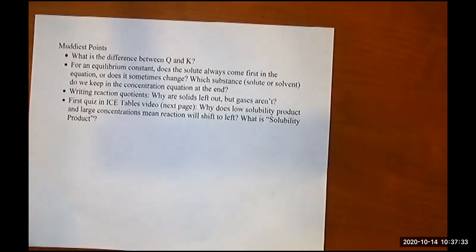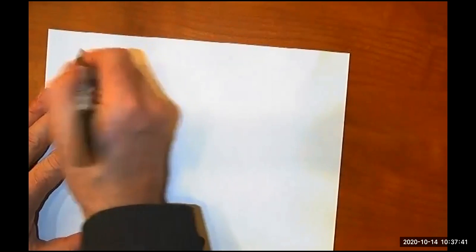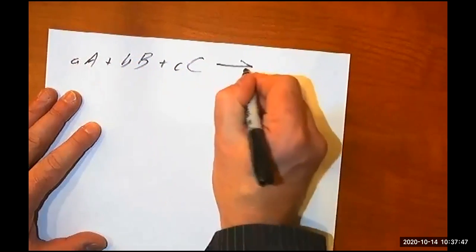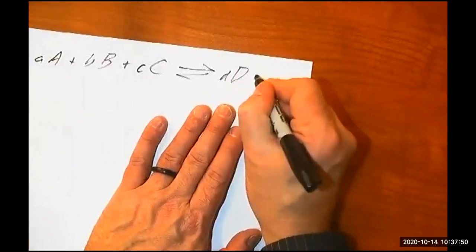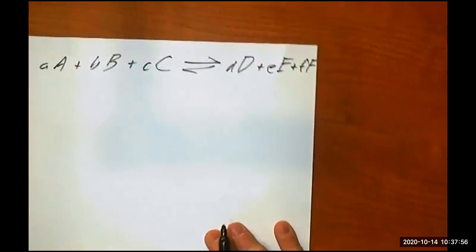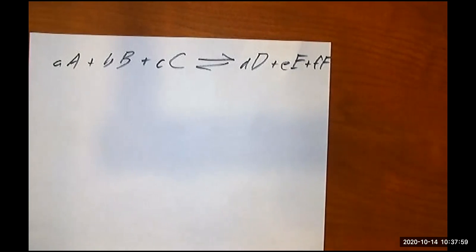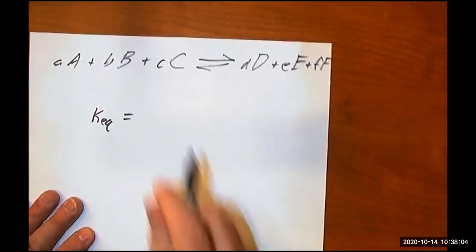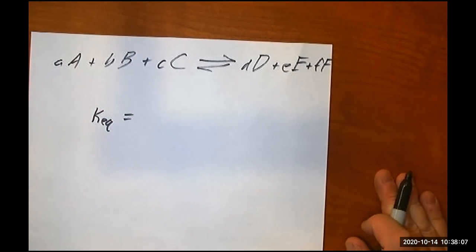So the basic idea is that if we have some kind of reaction stoichiometry that's in equilibrium, like this, then the way we write an equilibrium constant is going to be very similar to how we would write a reaction rate law if these were elementary reactions.